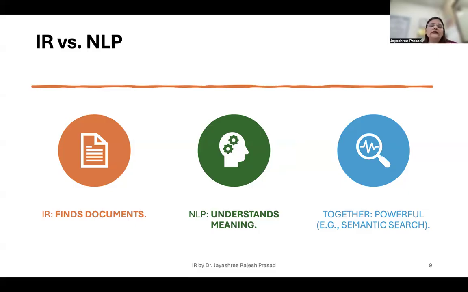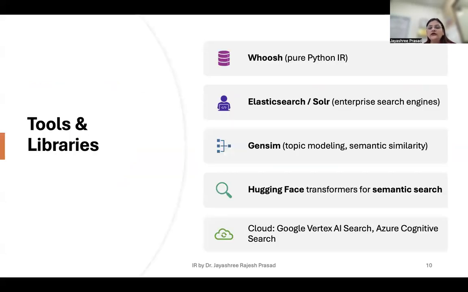Cloud platforms like Azure Cognitive Search or Google Vertex AI make it even easier. These are all the tools that we just referred to: Whoosh, Elasticsearch, Solr, Gensim for topic modeling, Hugging Face, and Vertex AI Search.